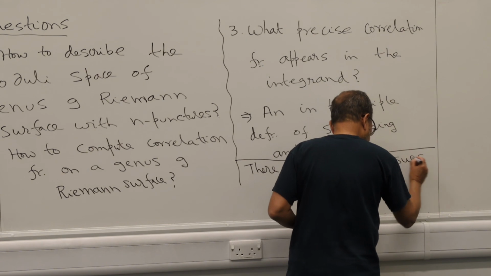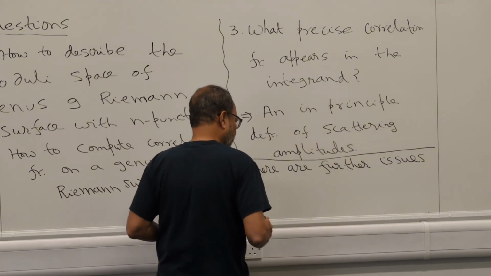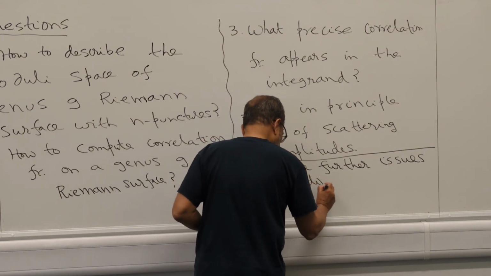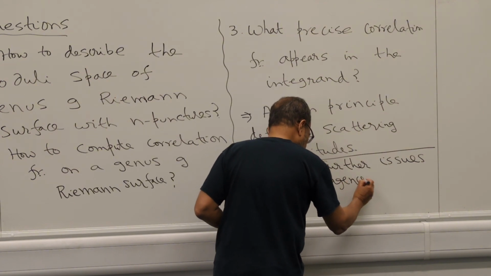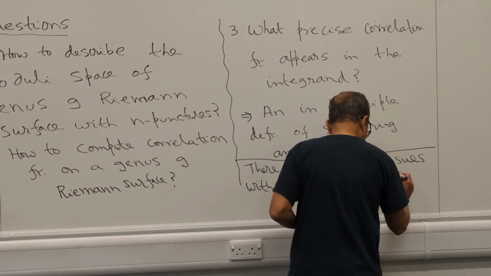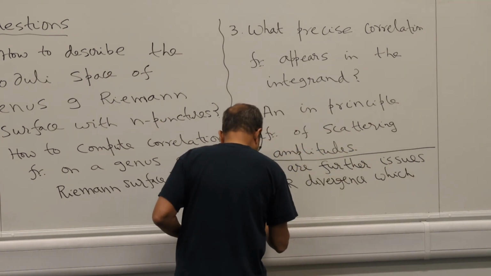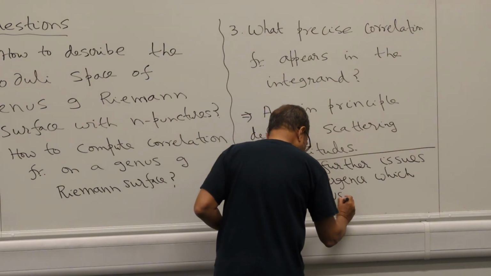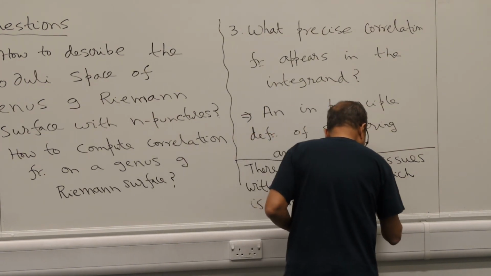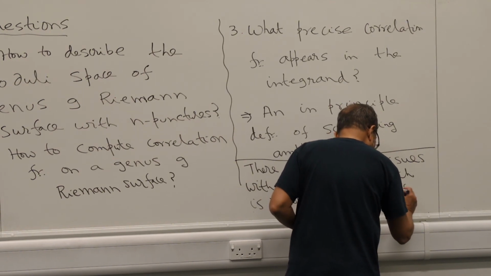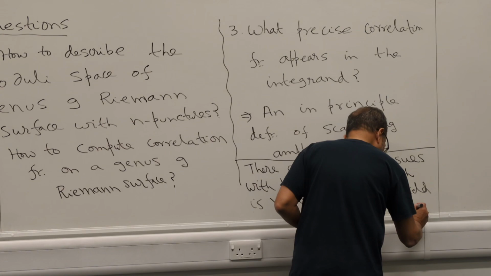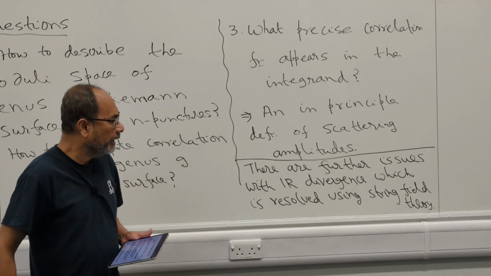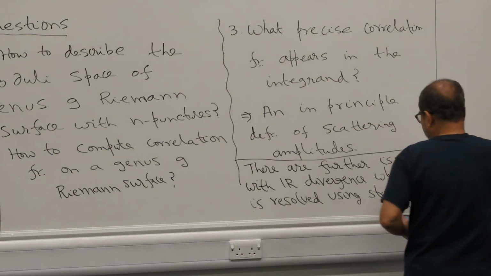There are no infrared divergences in these scattering amplitudes, but there are further issues with IR divergence, which is resolved using string field theory. Let me just mention what kind of issues arise.